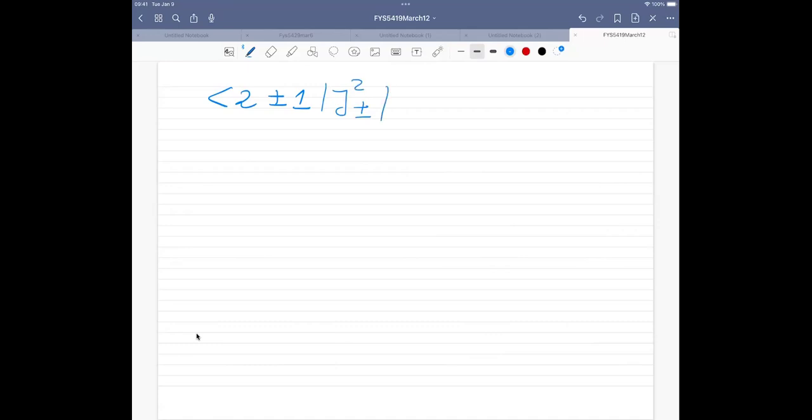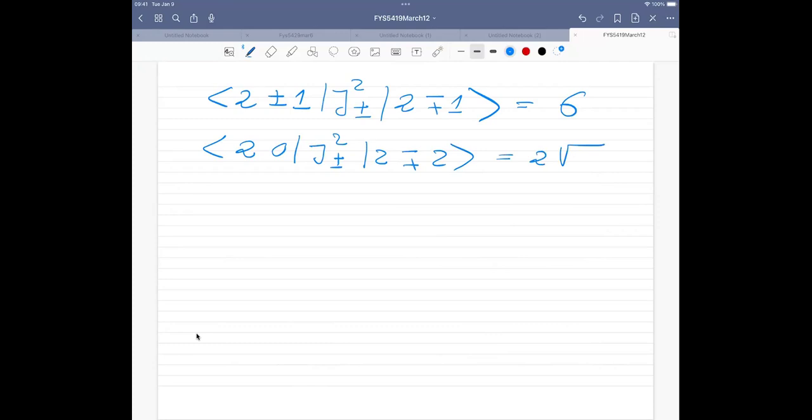And this can then link a state with 2 minus plus 1, and this takes a value 6. We have 2, 0, and then I have a J plus minus squared, and then 2, and this goes to minus and plus 2. And that gives us 2 times square root of 6.